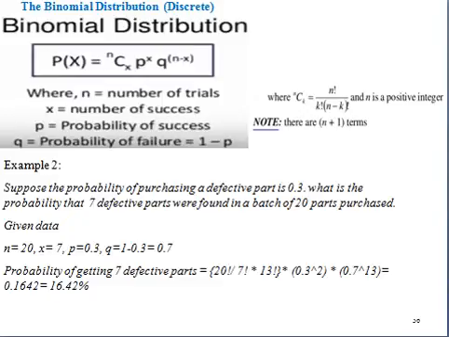Once I plug in the values, n is 20, x is 7, p is 0.3, then q is 1 minus the probability of p, so 1 minus 0.3 would be 0.7. When I plug in the values, the answer comes out to be 16.42%. This means the probability of getting 7 defective parts is 16.42%.